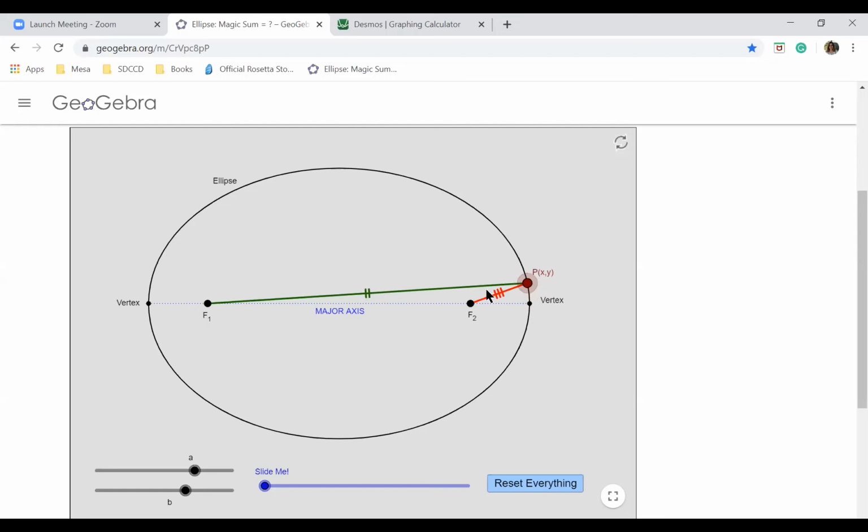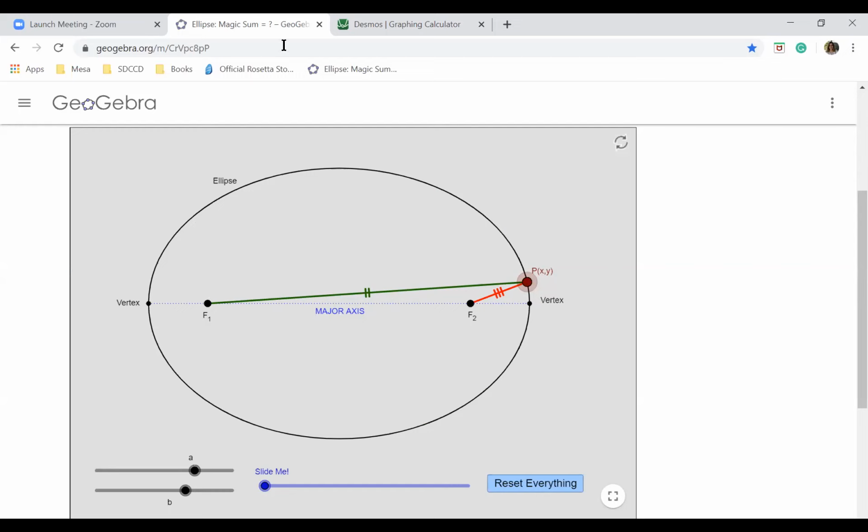The length of the longer piece here is 2c plus this little segment. And that little segment is showing up twice. And so what ends up happening is this is a distance of 2 times a.